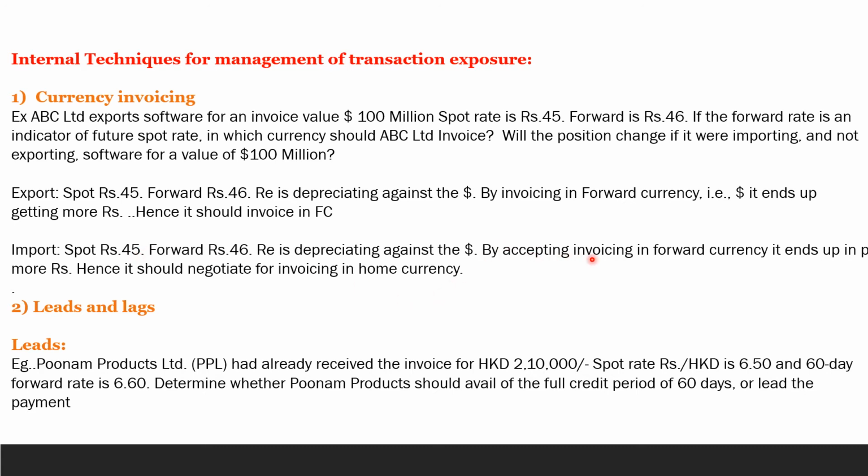By accepting invoicing in foreign currency will be a loss for ABC Limited, because here it ends up paying more rupees. Hence it should negotiate for invoicing in home currency, that is 45 rupees at the spot rate.